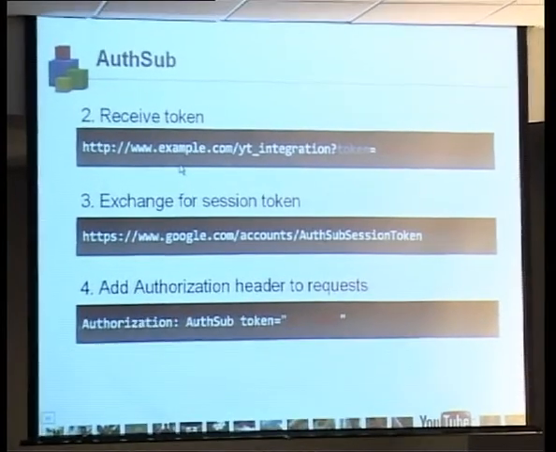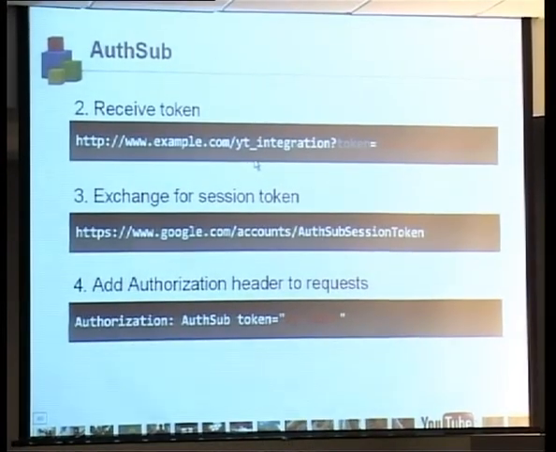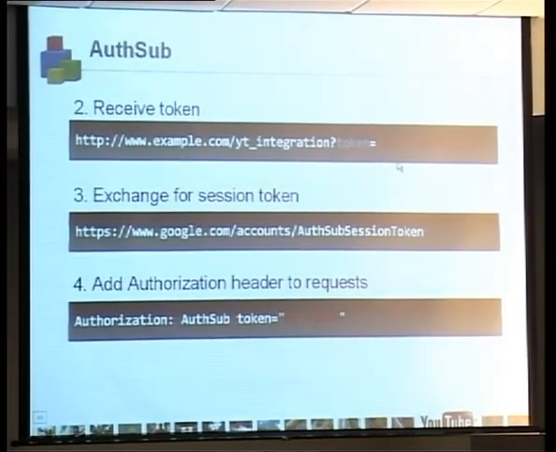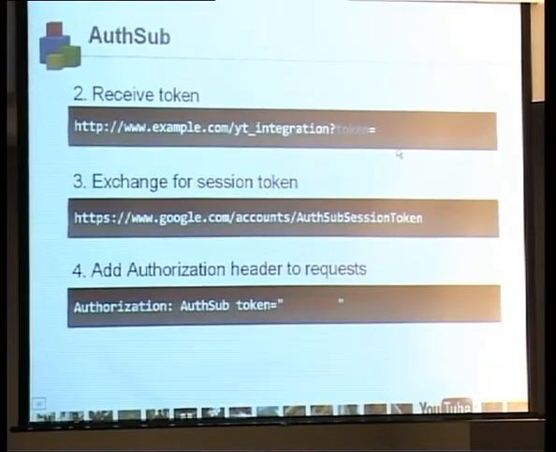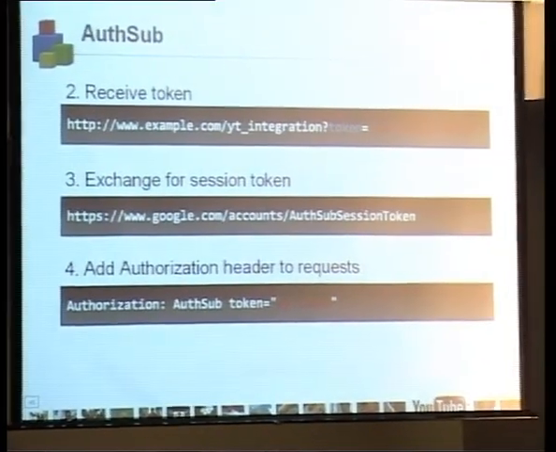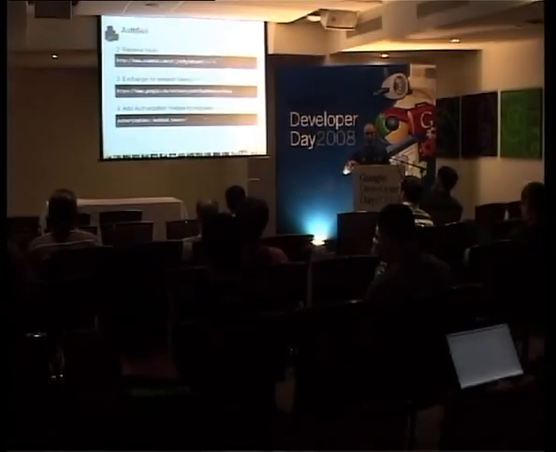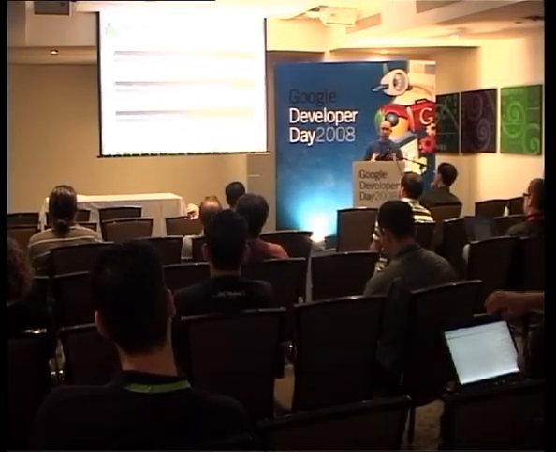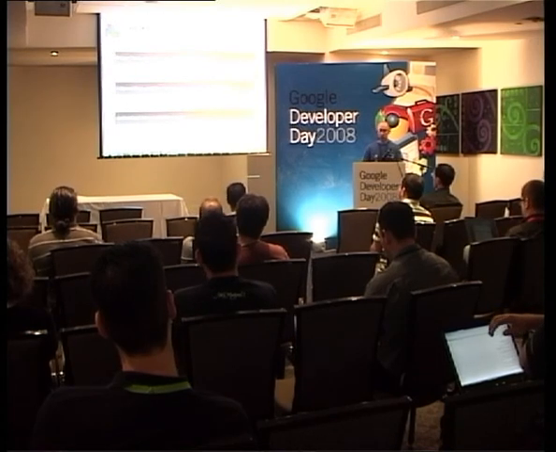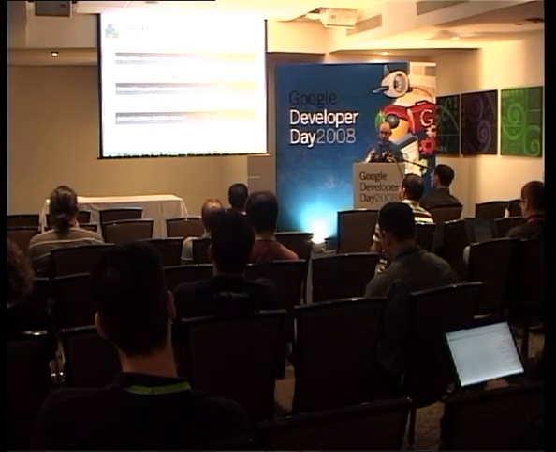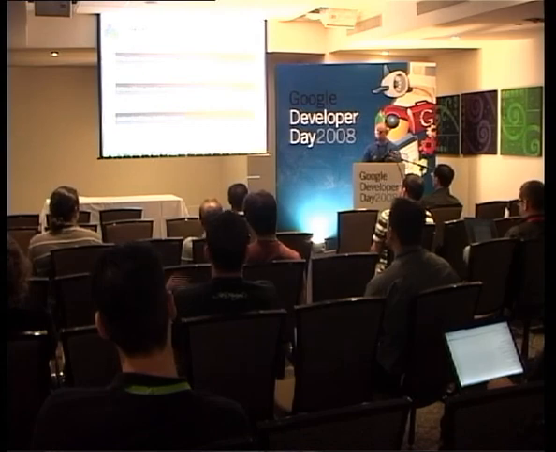This is your URL, this is where we redirect the user, and we're going to provide you with a token. Now this token is a one-time token, so you would need one more step to exchange this token for a session token. Okay, it looks a little bit difficult. It's a process which involves a little bit of understanding. It's not so difficult.